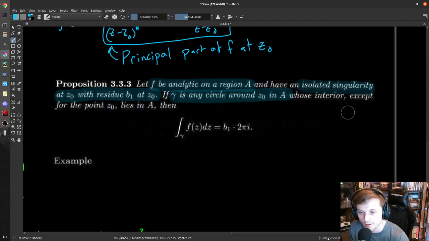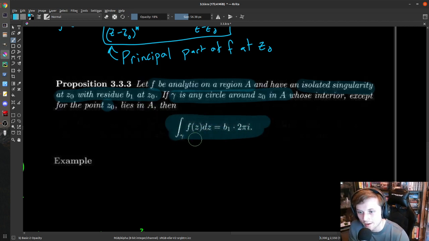Think about it like this: you've got gamma, a circle around z0, and everything, the circle and everything inside of it, is in A, except potentially the center. Then the integral of f about gamma is b_1 times 2 pi i.